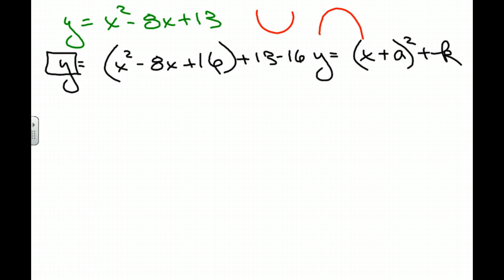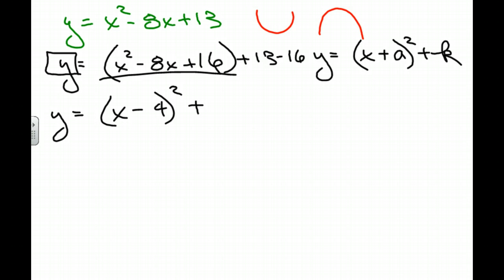Which allows me then to write this as x minus 4, the quantity squared, because remember when you complete the square, you write the x, the first sign, which is our minus sign, half of the second term, which is a 4, and put a squared sign. 13 minus 16 is negative 3, so I'm going to put a minus 3 here.